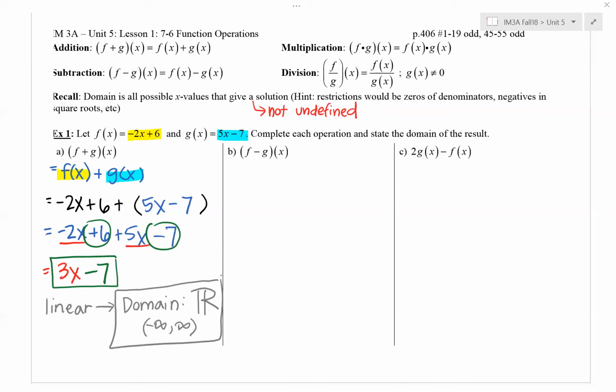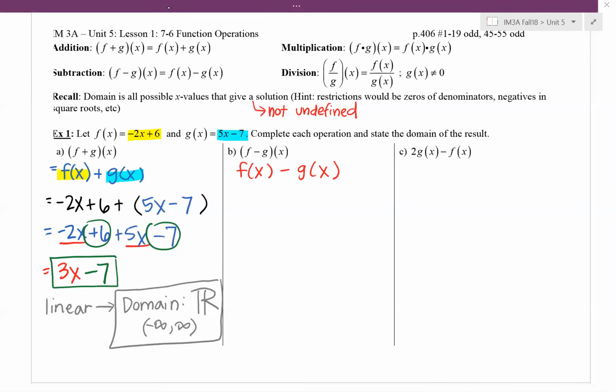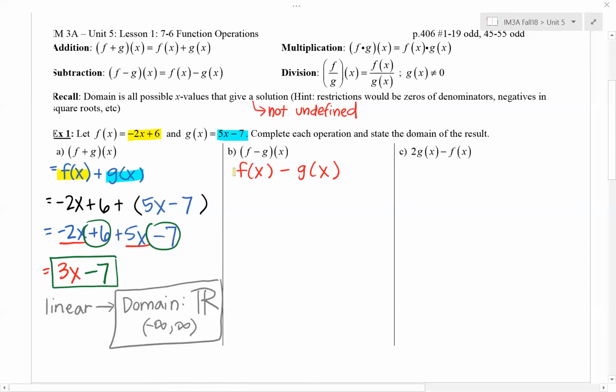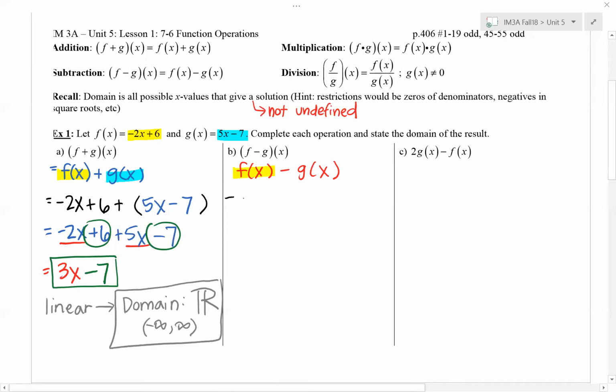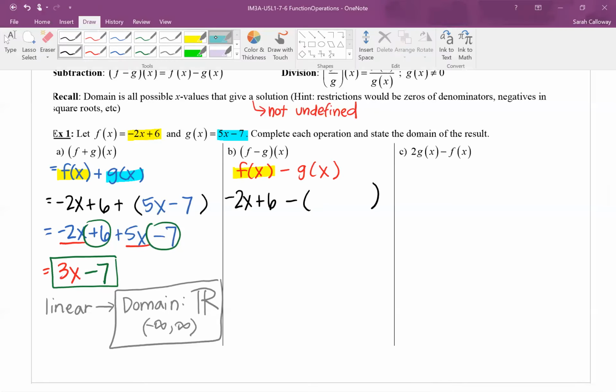So when we do the next problem, f minus g of x, that's telling us that we want to take f of x and subtract g of x from it. So that means that we're going to take our negative 2x plus 6 and subtract our 5x minus 7.